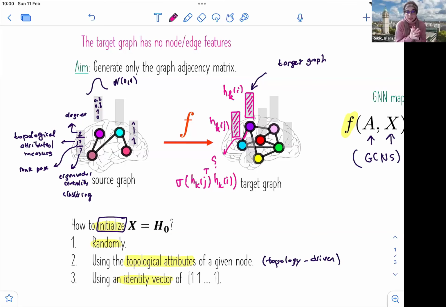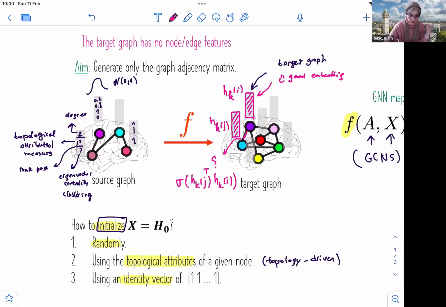So this is a link prediction kind of problem, and the goal is actually to learn very good embeddings. If we learn good embeddings, then we are able to predict if there is an edge or not, and we can also quantify that, depending on whether we have weighted graphs or binary graphs, of course.